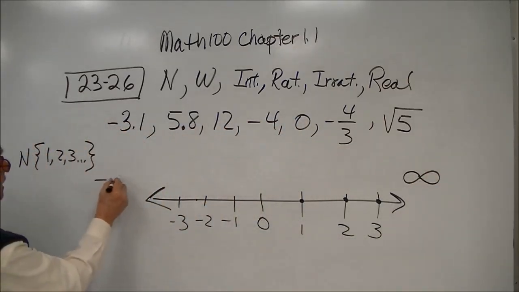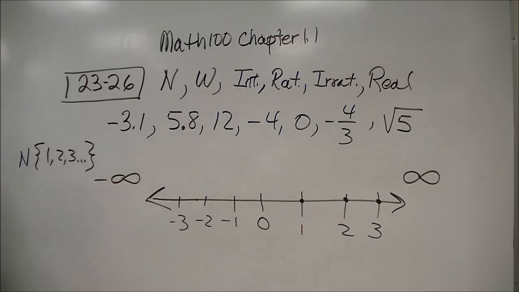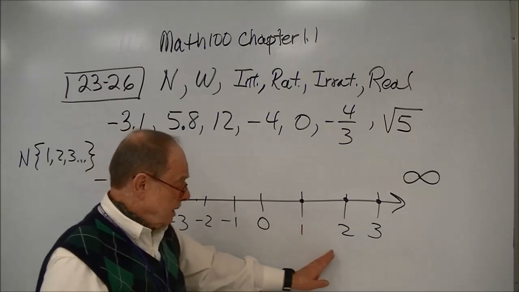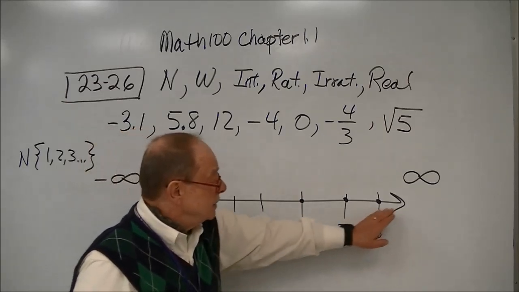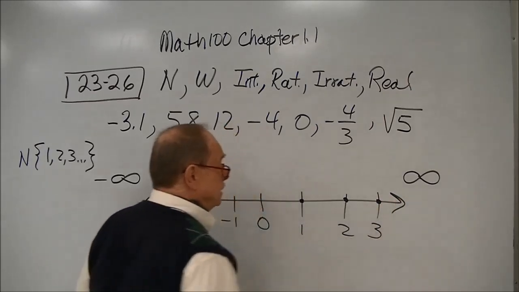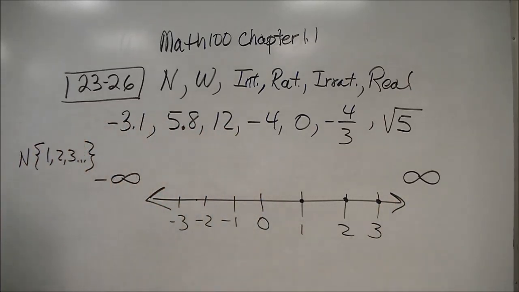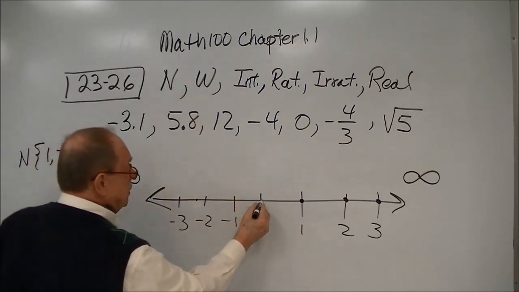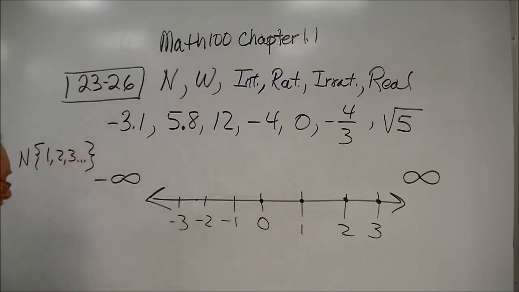This side is negative infinity. We have graphed the natural numbers on this number line, and because of the arrow, this pattern continues. Now, if we add a 0 to the natural numbers, we get the whole numbers. So that would look like this.